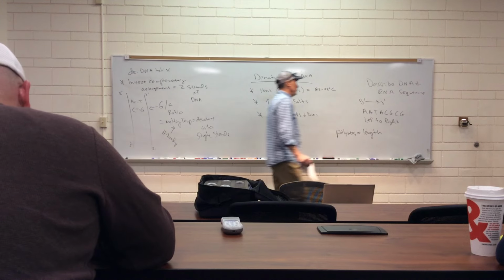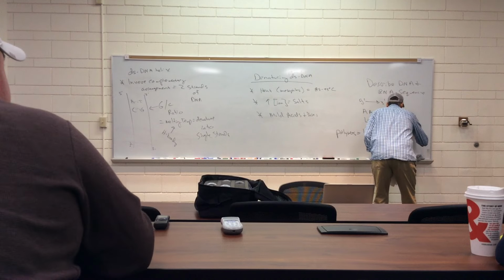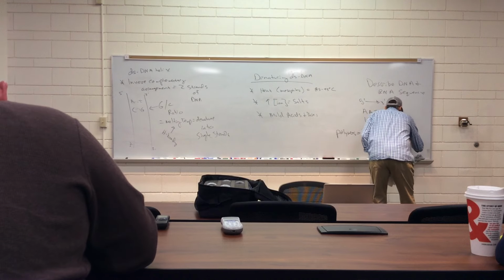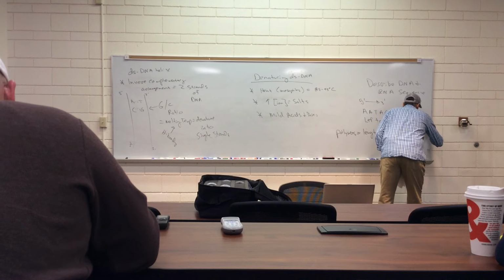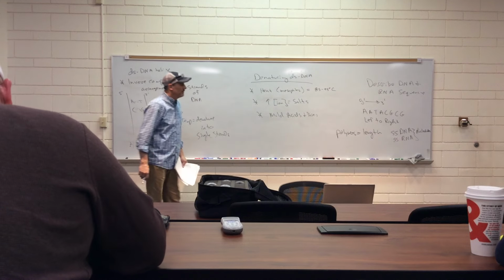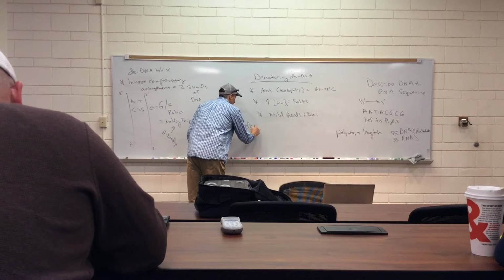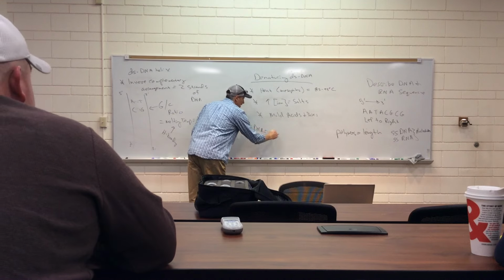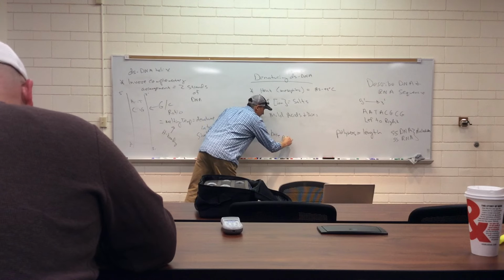So if it's single-stranded RNA or DNA, we can talk about it in nucleotides long. If we're talking about double-stranded DNA, we describe this length in base pairs. Basically the same thing.